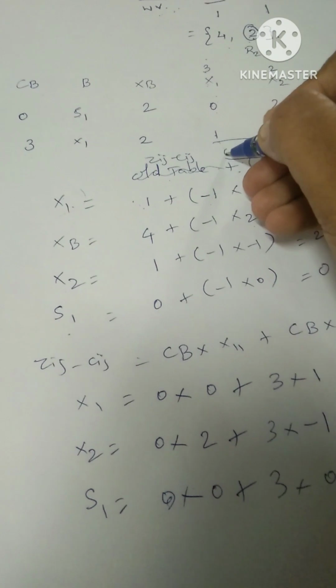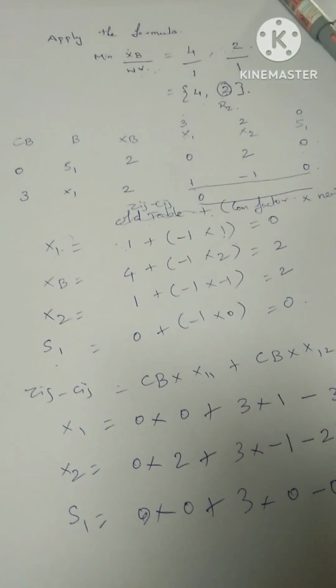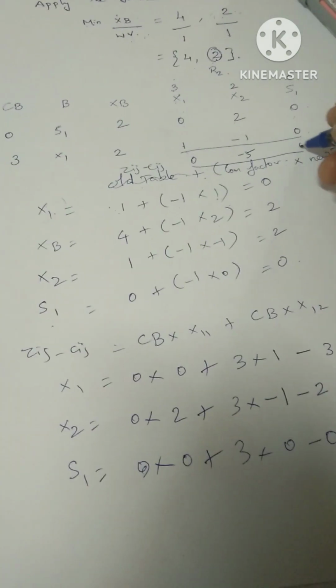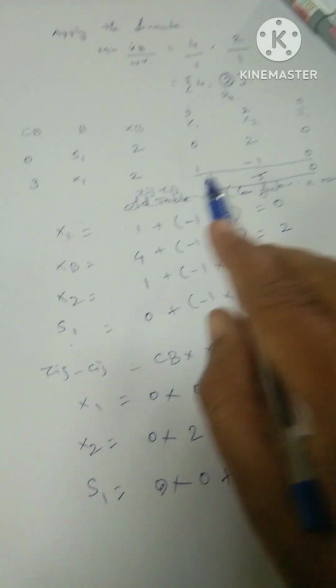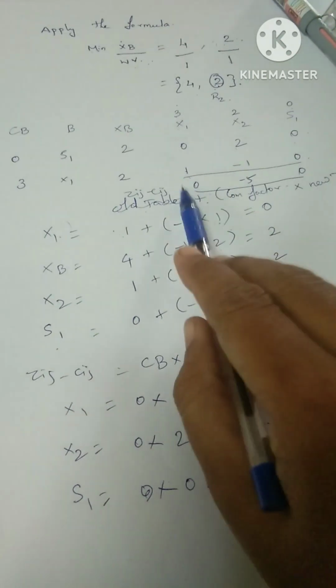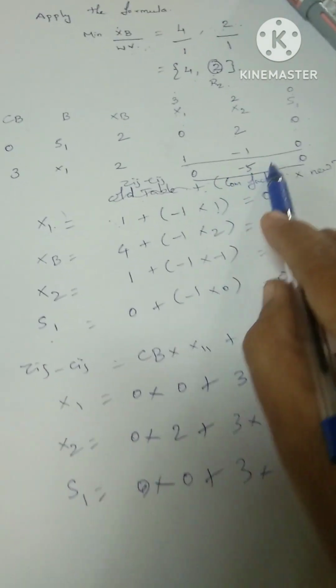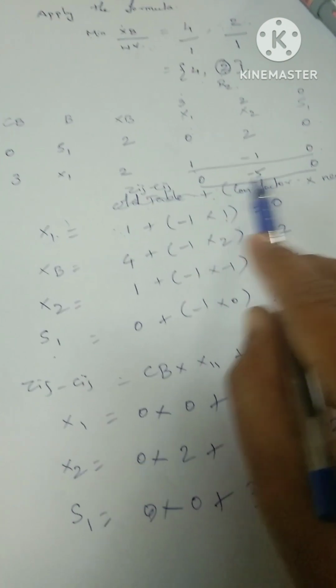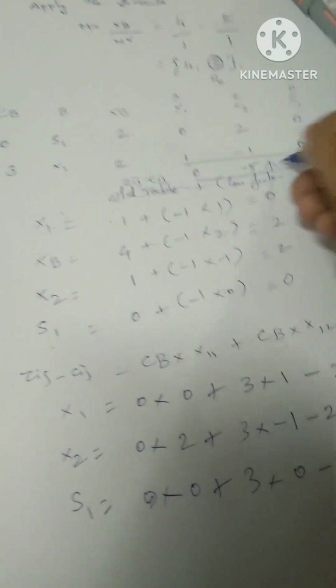For x1 it is 0, for x2 it is minus 5 and S1 is 0. So what's the condition? The next step is we need to find out which is the withdraw value. So accordingly, the Zij which is the highest negative value will be considered as the withdraw value. So here the minus 5 is considered as the withdraw value.